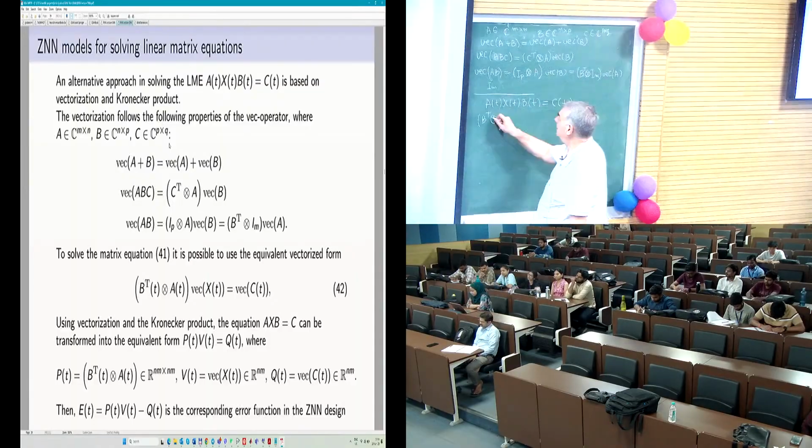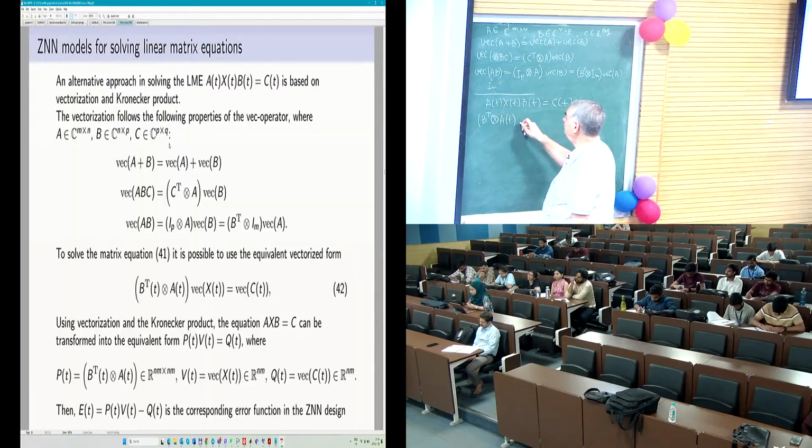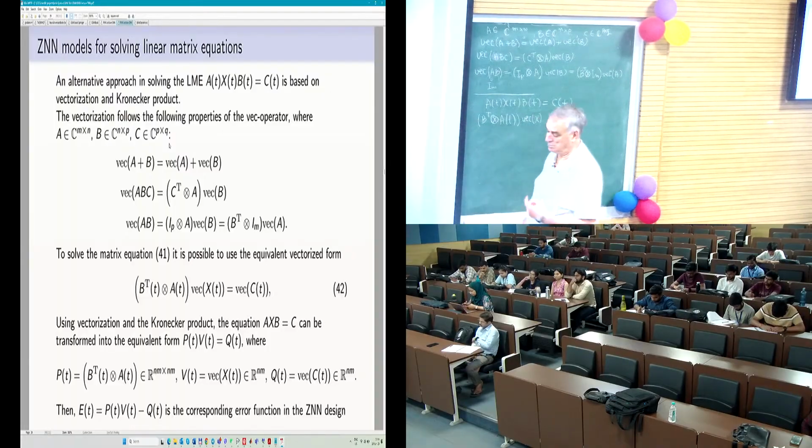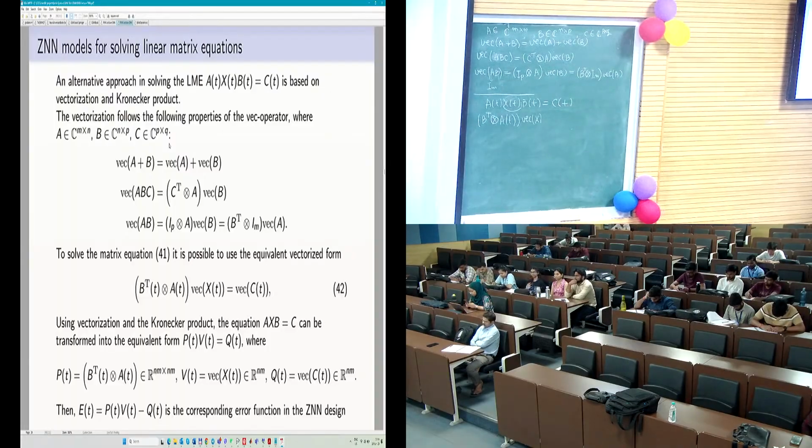Vectorization of Kronecker first, of X. In general, in vectorization always, if here is only AX, we will consider I from this side. Always from this side.